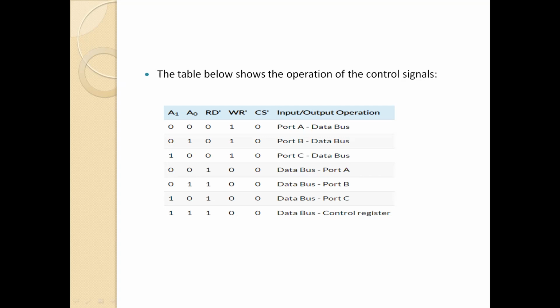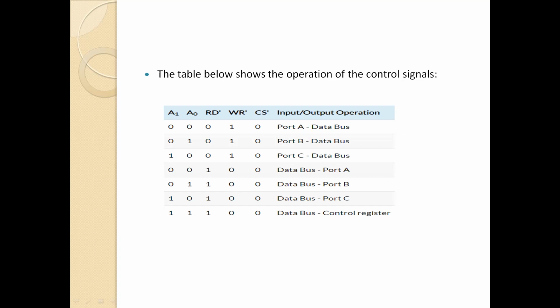So here, whenever we are going to do the read operation, the read pin signal is kept low because it is an active low pin. Then in this case, the data from port A of the 8255 chip is read to the data bus of the CPU.